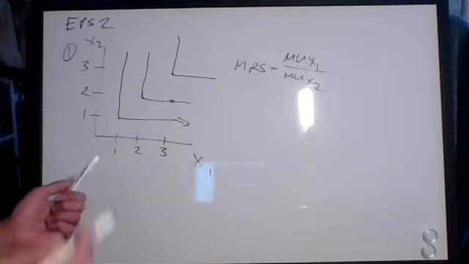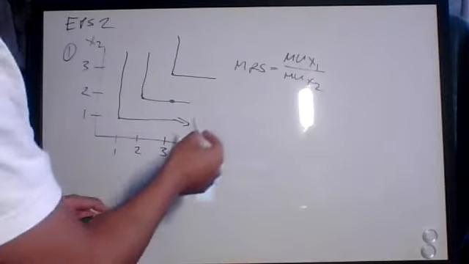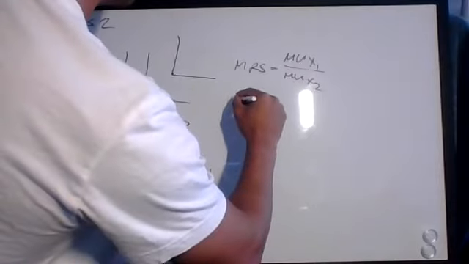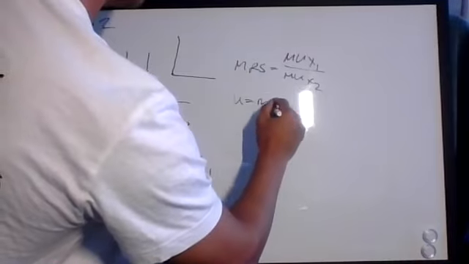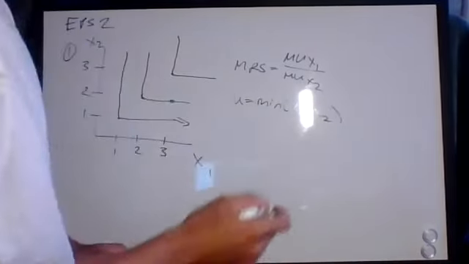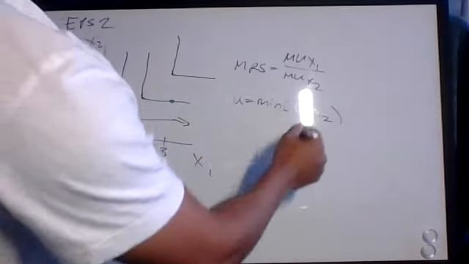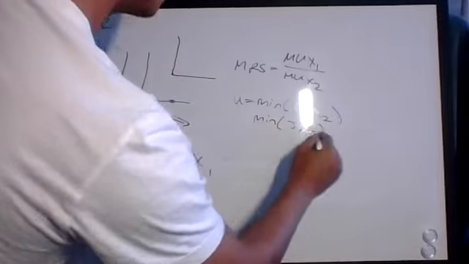You can clearly see that the slope is 0, so that is a dead giveaway. But if you think about it mathematically, my utility is equal to the min of x1 comma x2, and I'm currently at 3 and 2, so I'm currently at min of 3, 2.